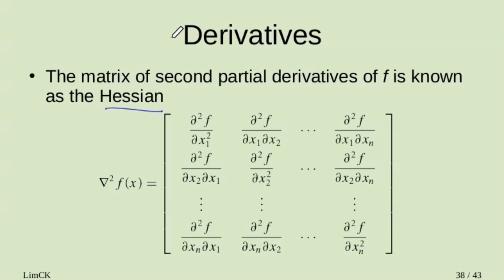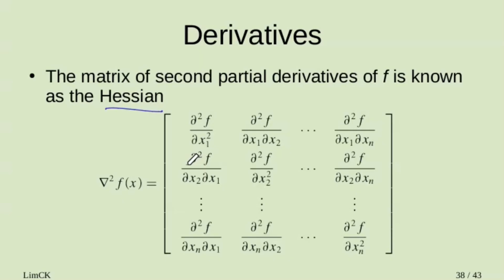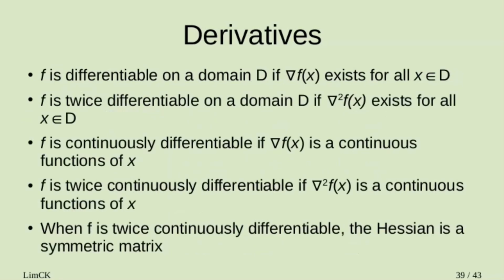What I showed here is an example of a 3 by 3 matrix. If we have a matrix of higher dimension, this is the one.